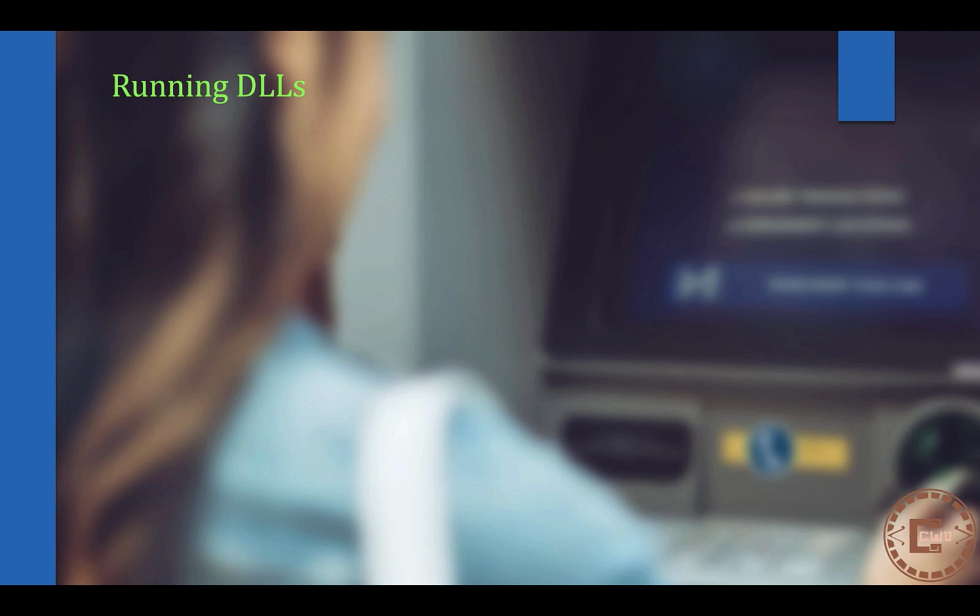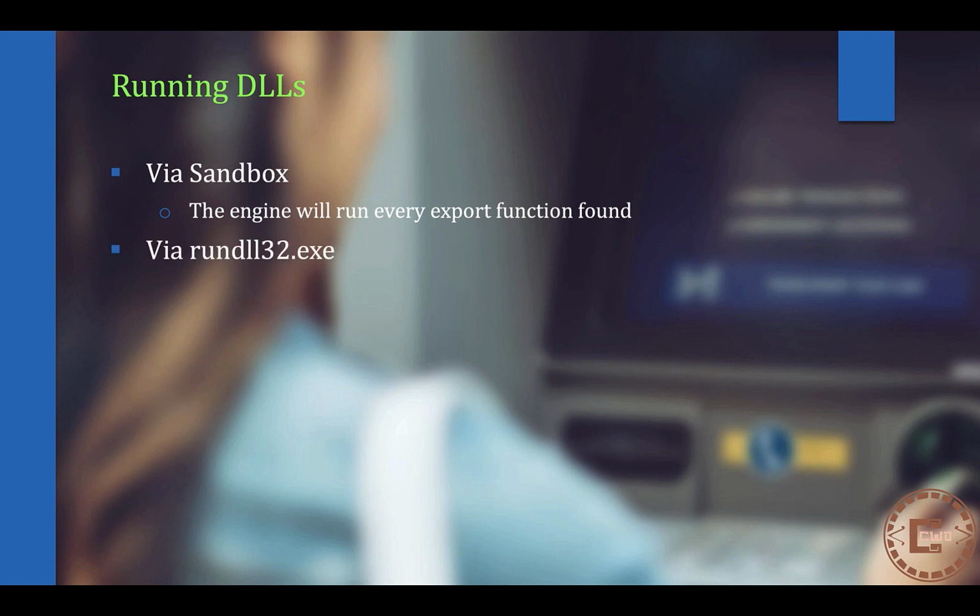A DLL needs to be loaded by an executable. So if you have a malware which is a DLL, you cannot double click on it and run it. But then how do you run DLLs, that's also something that you can do through sandboxes. Some sandboxes have the option to run DLLs. They can create what is called a DLL loader, and they run it for you.